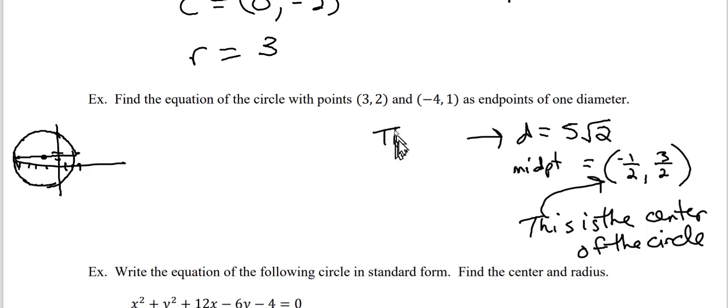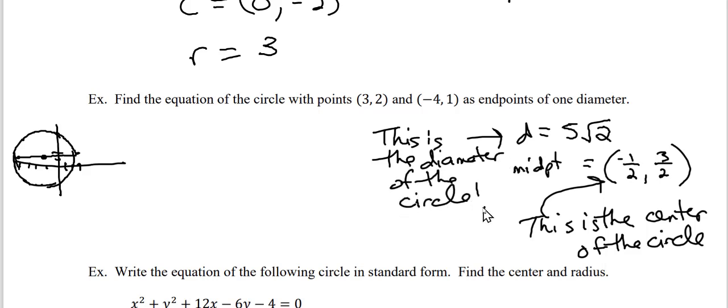This is the diameter of the circle, because that's the distance between those 2 points. That tells me the radius is half of that: 5/2 root 2, divide that by 2, and the center is -1/2, 3/2.